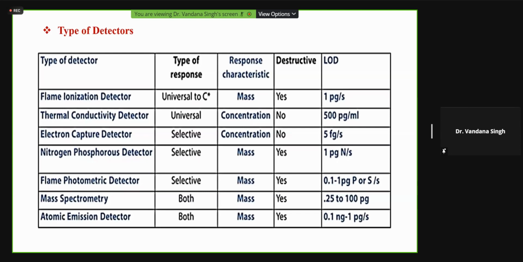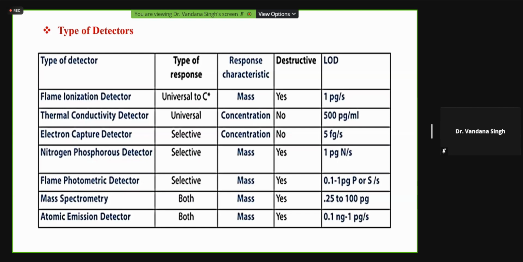For better resolution, or for very sensitive analysis of analytes which are in trace amounts, generally the column length used is very high, so this parameter has to be optimized for our analyte of interest.